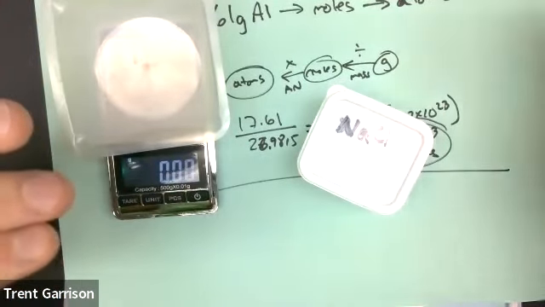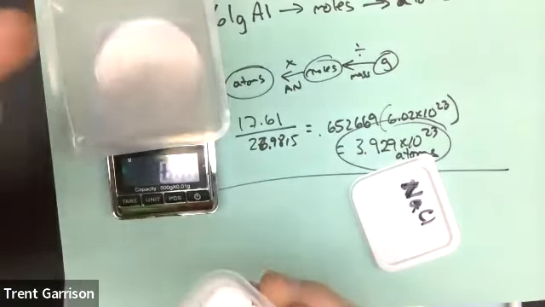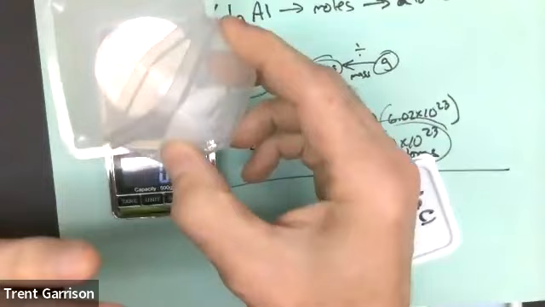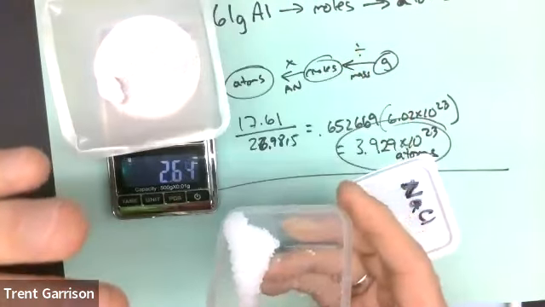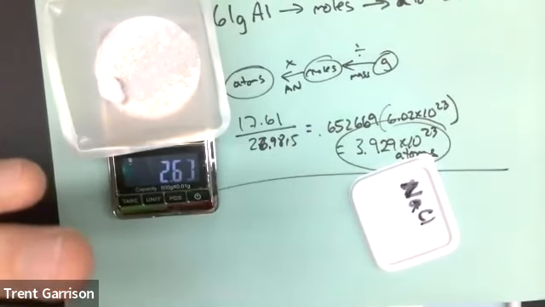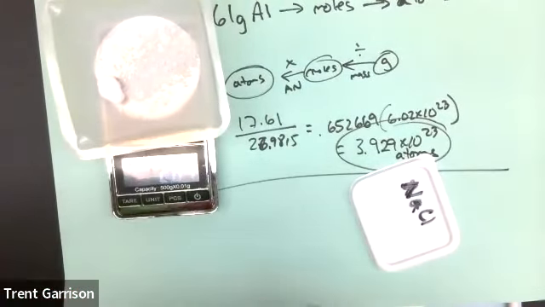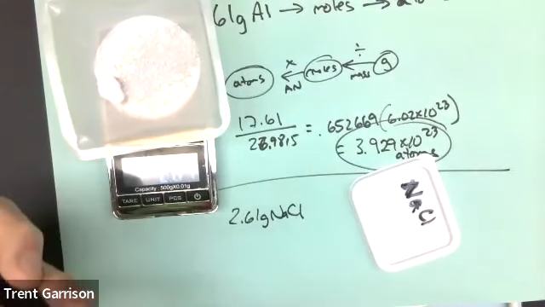What you'll notice is it's 0 now with that container on the scale. I'm going to pour just a little bit of my salt in there. It says that the salt I poured in there is 2.61 grams of salt.